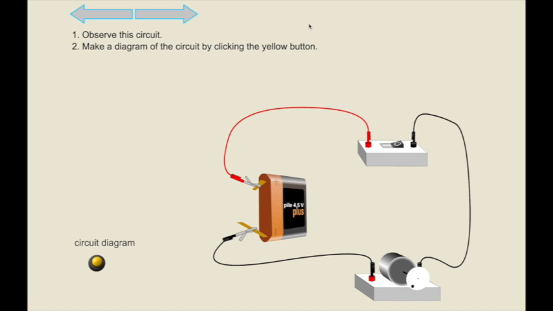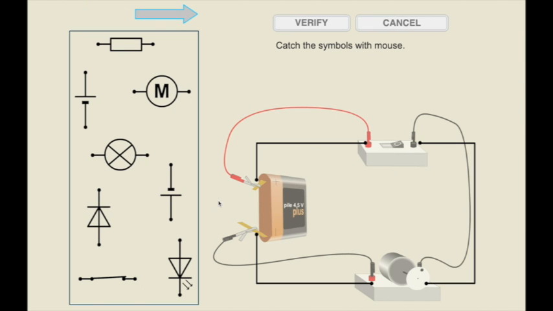So if I click to the next one, you're going to see this one looks very similar to the one that we just did, except this time instead of a light bulb, we have a motor that's spinning. So if I click the circuit diagram, it's going to overlay once more in the bin options for me to choose from. And you'll notice something different this time with the switch.